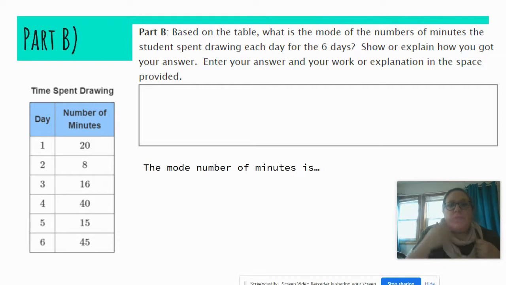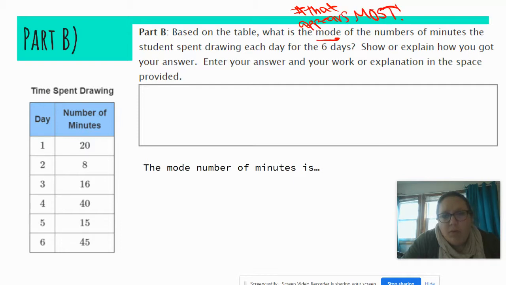All right, based on the table, what is the mode of the number of minutes the student spent drawing? So the mode is the number that appears the most. Okay, so I'm looking here. So I'm going to look for any numbers that show more than once.